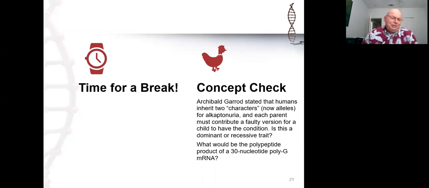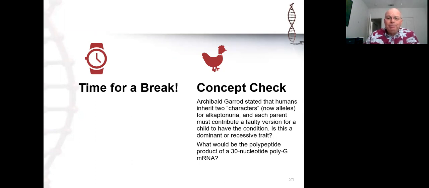And remember, Garrett is simply applying Mendel's principles to his condition. And he actually said this in 1902. So you can see that he was way, way ahead of his time in terms of his understanding of inherited conditions and what they represented.